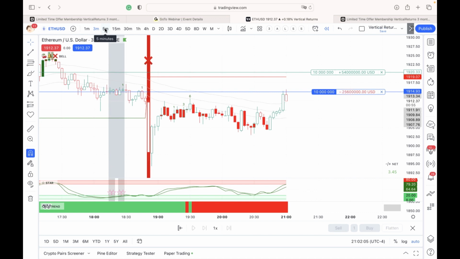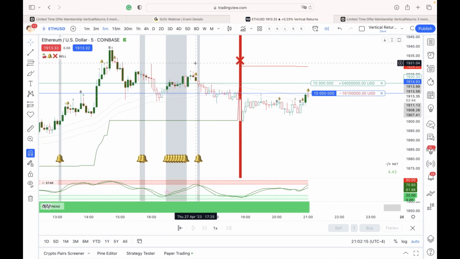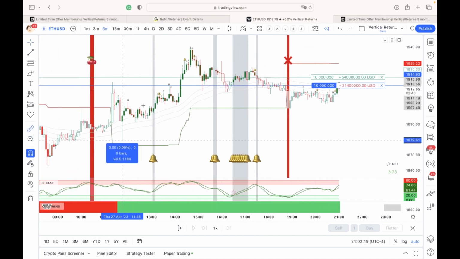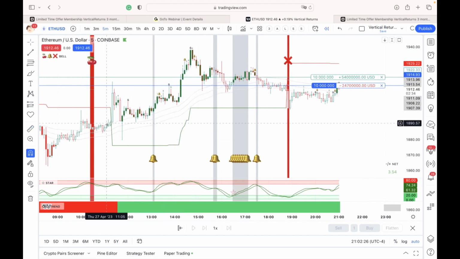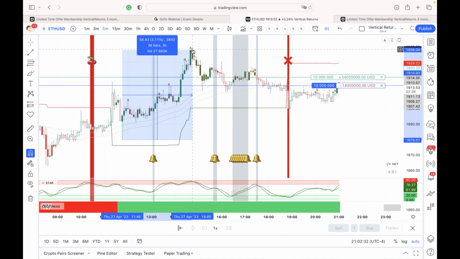The lower time frames you're trading, guys, the more, to get larger amounts of profit, you need to have larger amounts invested. So if your ultimate goal is to make $100 or $200 a day, then you need to take into consideration what your invested amount needs to be and what 3% of that would be.